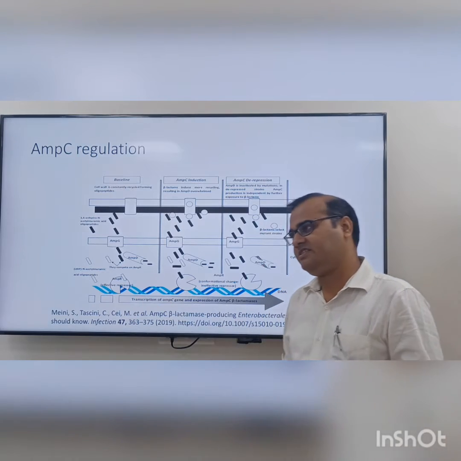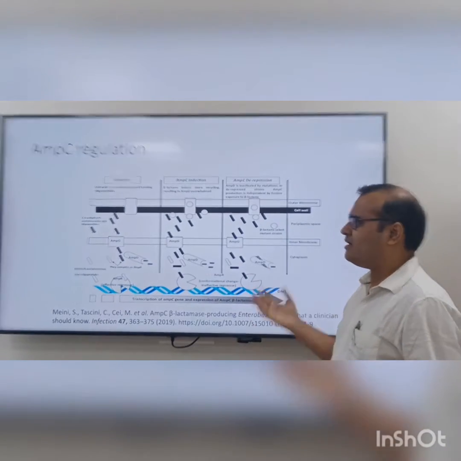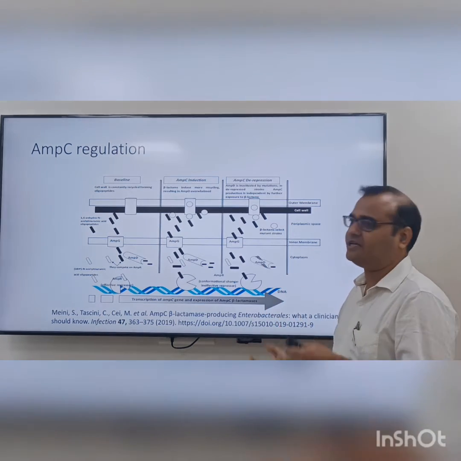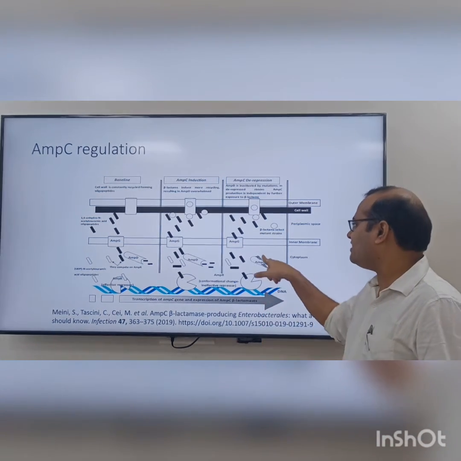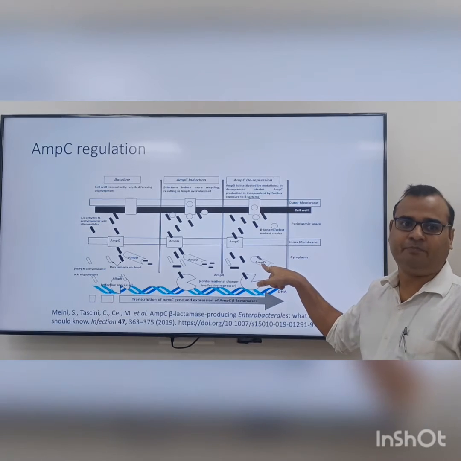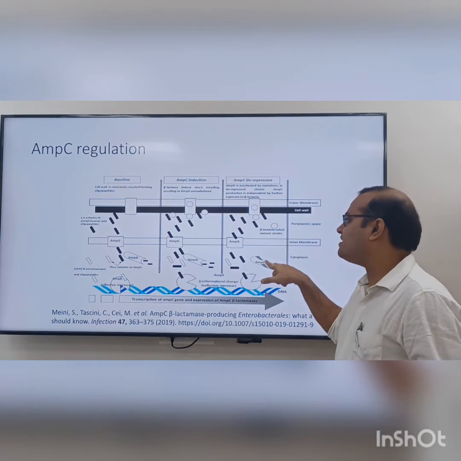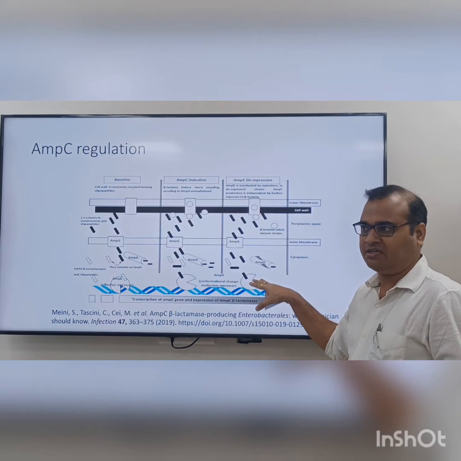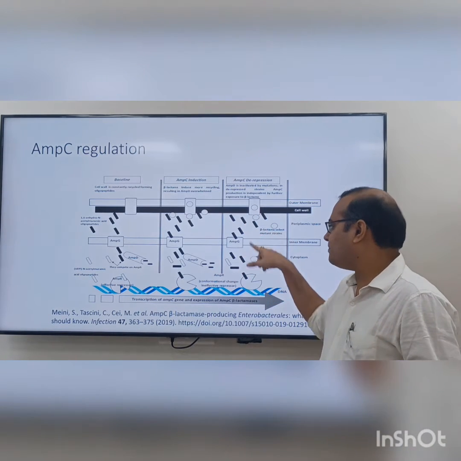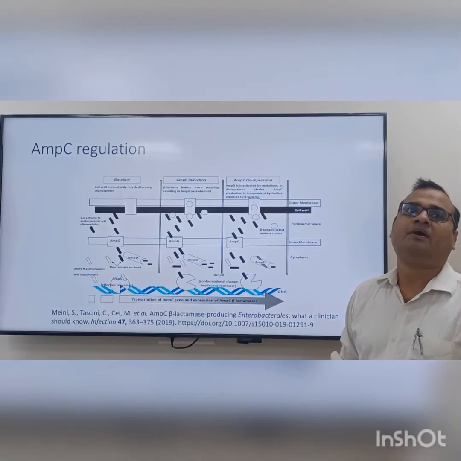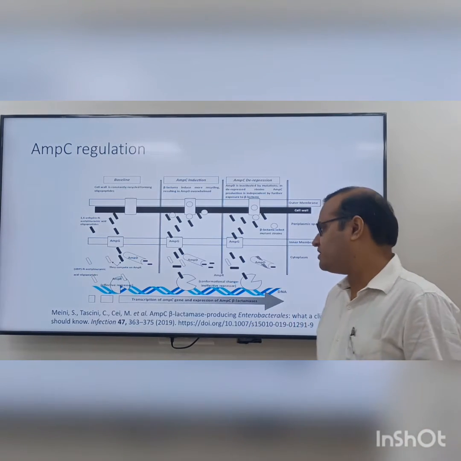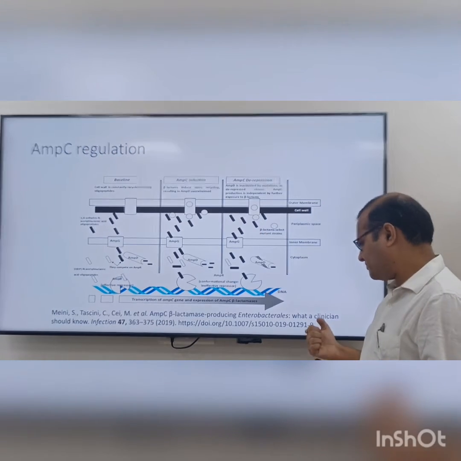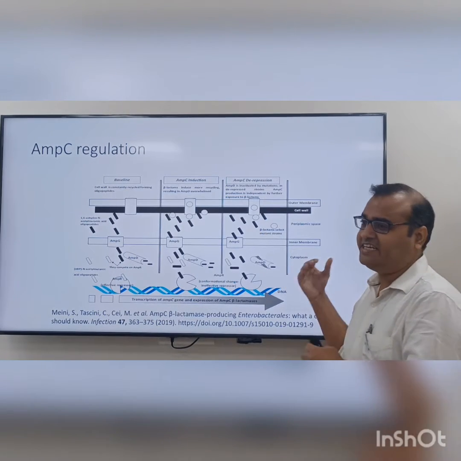But what happens when there is constant exposure to this inducer is that this AmpD gene may get mutated. Once it is mutated, there is always a chance that these neuropeptides will only bind with the AmpR binding site, leading to constant derepression.